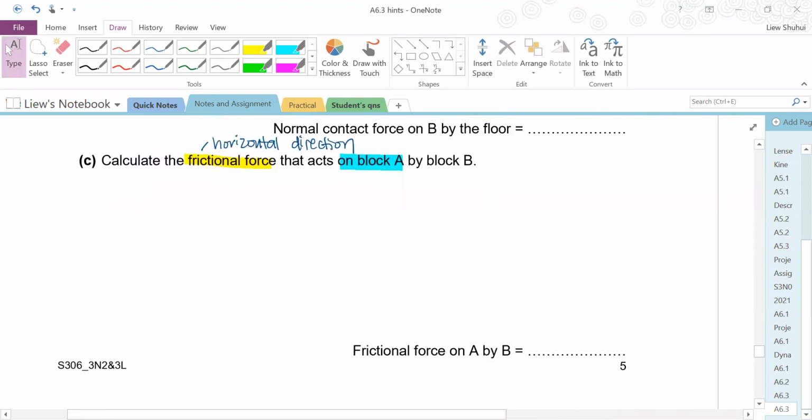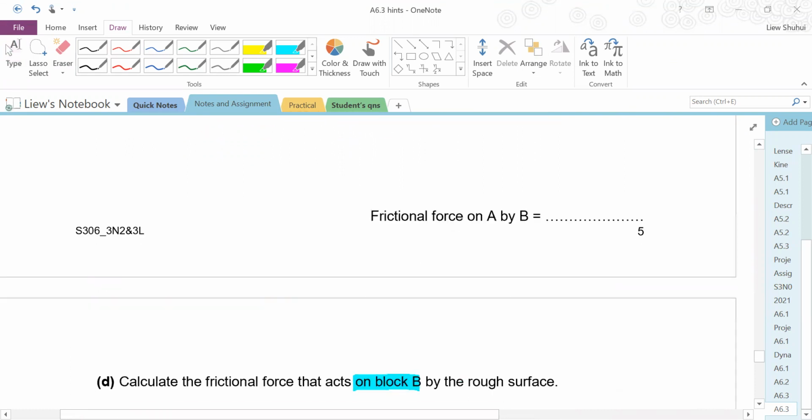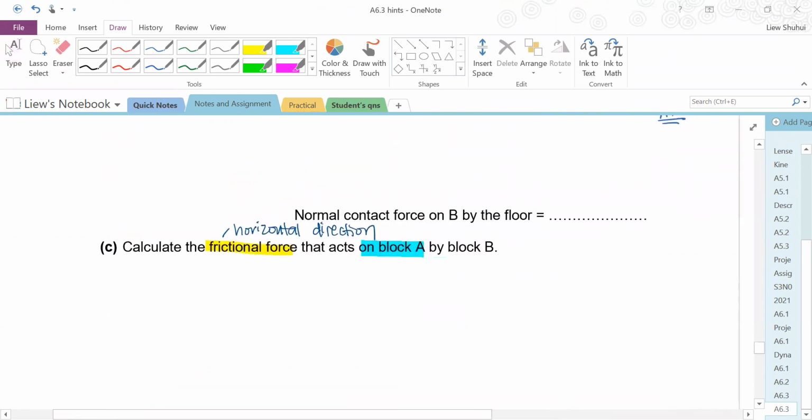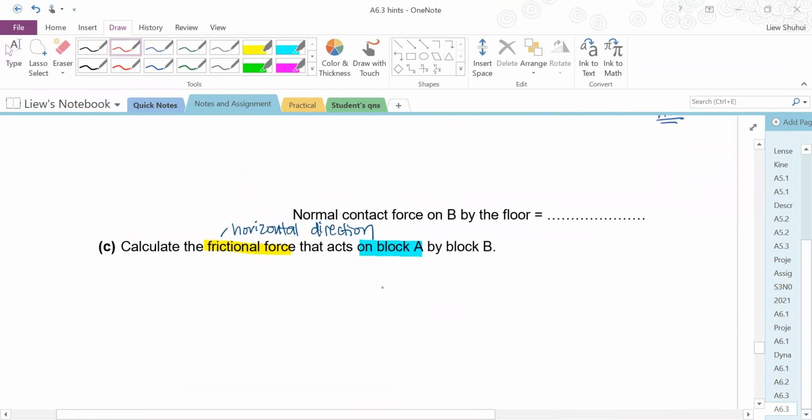Part C, calculate the frictional force exerted on block A by block B. Since part C is asking you about frictional force, which is in a horizontal direction, we are going to consider F net in the horizontal direction, which equals ma.